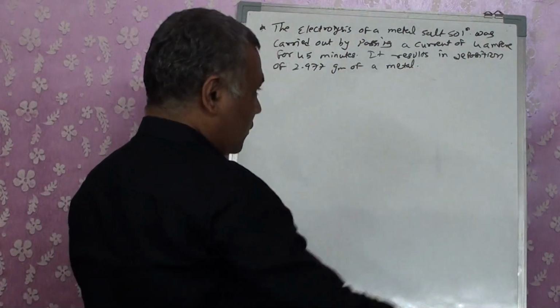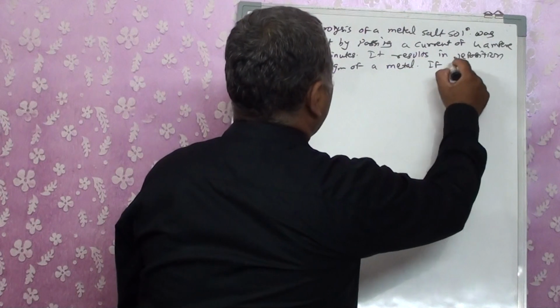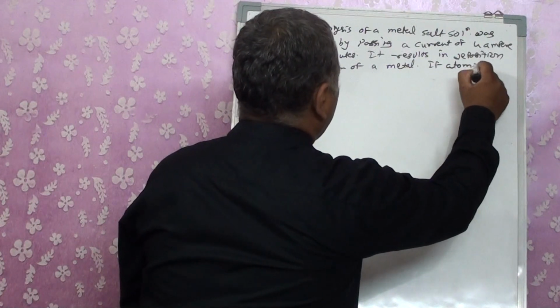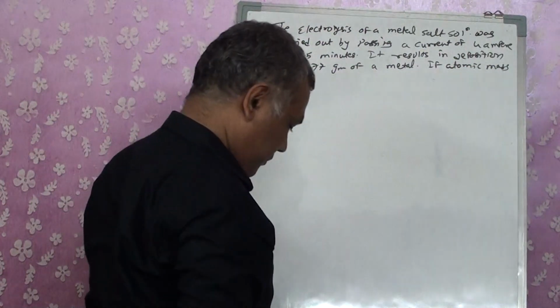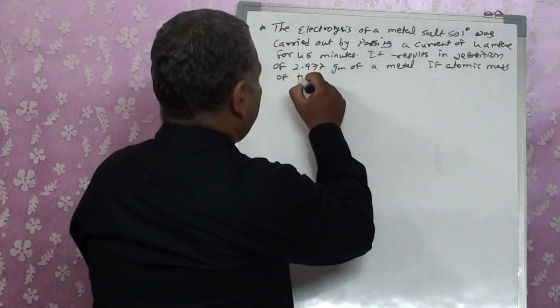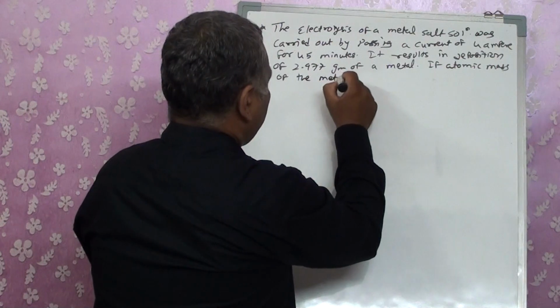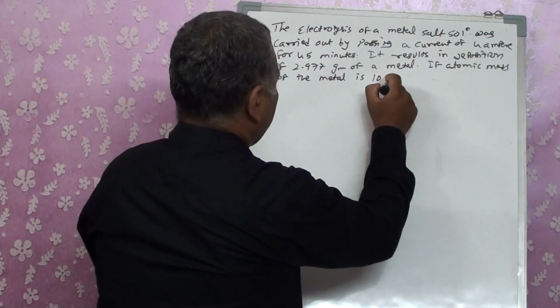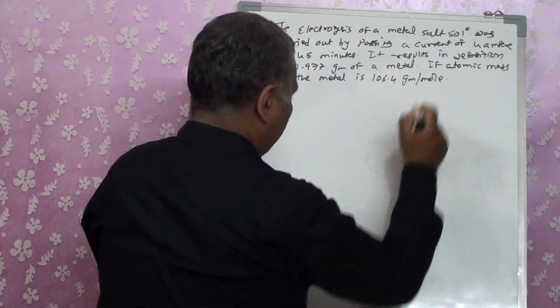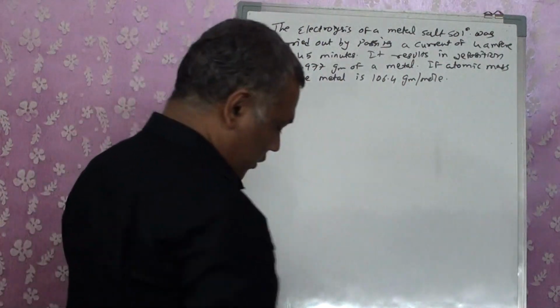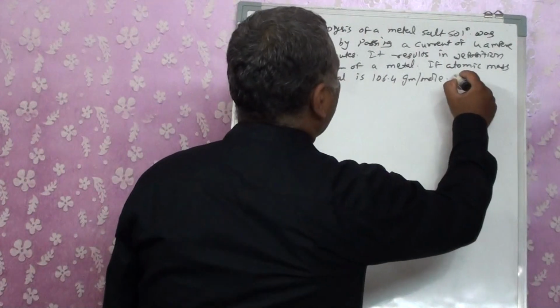If the atomic mass of the metal is given, calculate the charge, calculate the oxidation number.